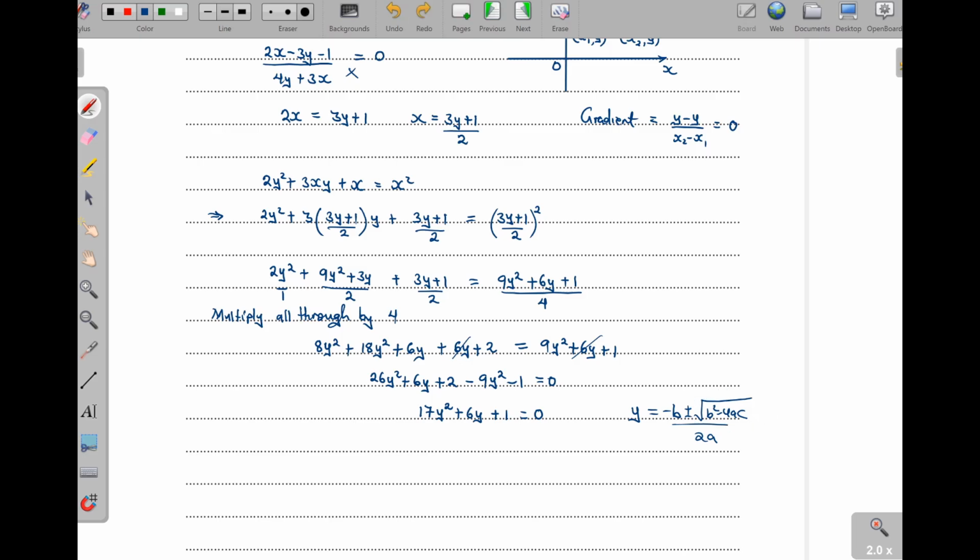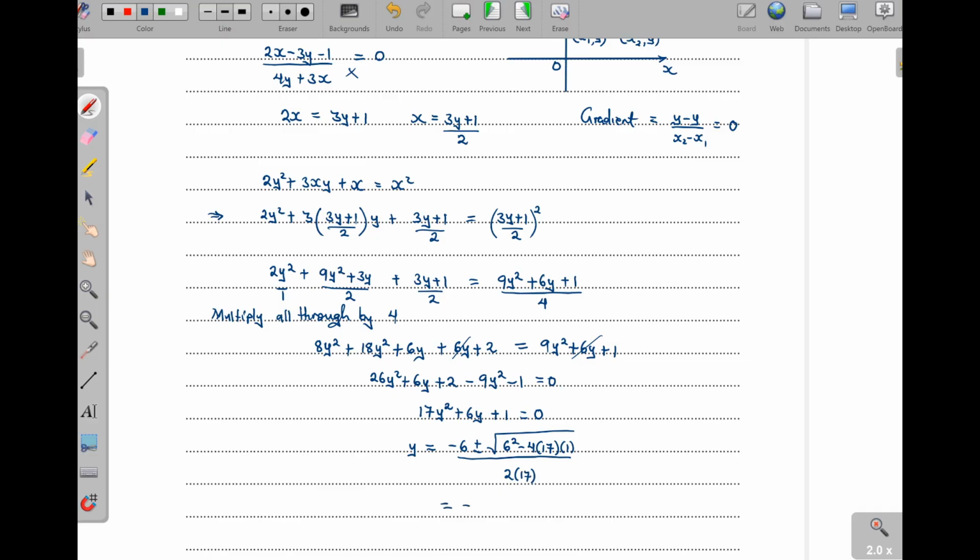So what do we then do here? We just need to show them that our b squared minus 4ac is a negative. Let us show them that we are substituting in the equation. So y is equal to minus b, then plus or minus the root of b squared, then minus 4ac, then out of 2a.